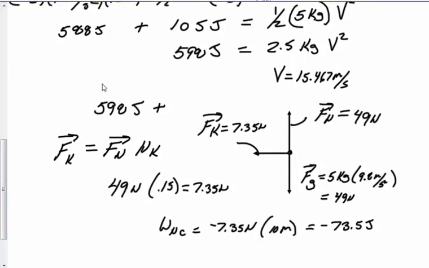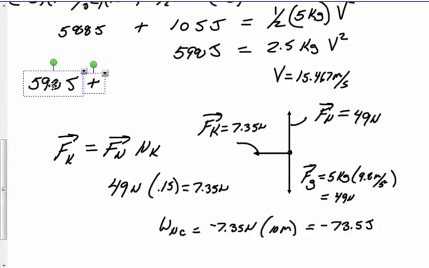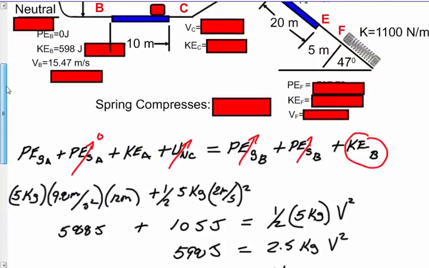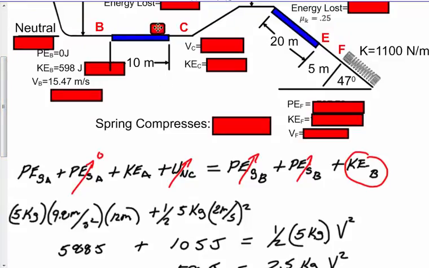So I'm going to come back over to here, move this up a little bit. I'll show you what I mean here. We're going to come back to this. We're going to change this back to the negative of negative 73.5 joules, which must equal how much kinetic energy I have on the other side of the equation. As I get over to here and start to go back up the ramp, I have no gravitational potential, because I'm taking everything relative to this axis here.